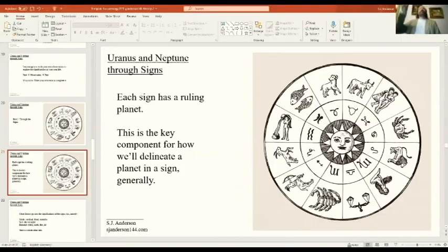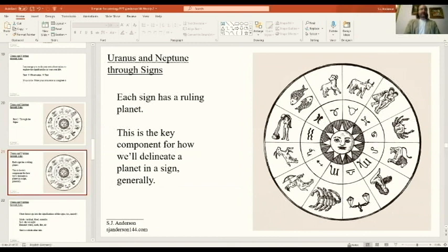And it's key here for how we'll understand a planet in a sign. You cannot understand what a planet is doing in a sign or how it's functioning in a sign without knowing what its planetary ruler or rulers are and what those rulers are doing, how those rulers are functioning in a chart, and what those rulers signify themselves.